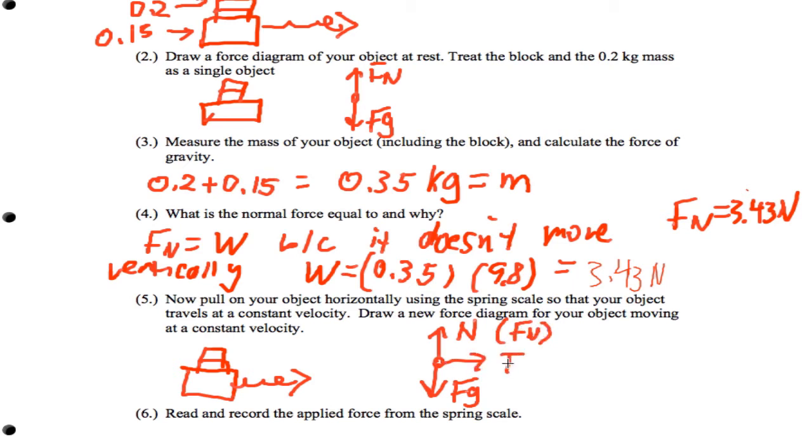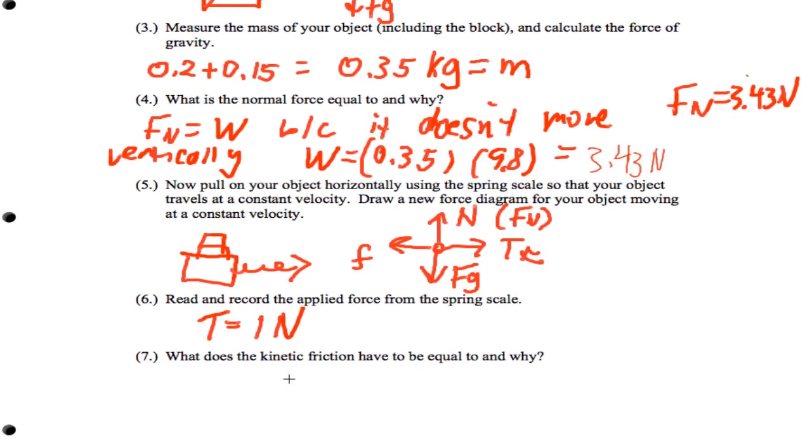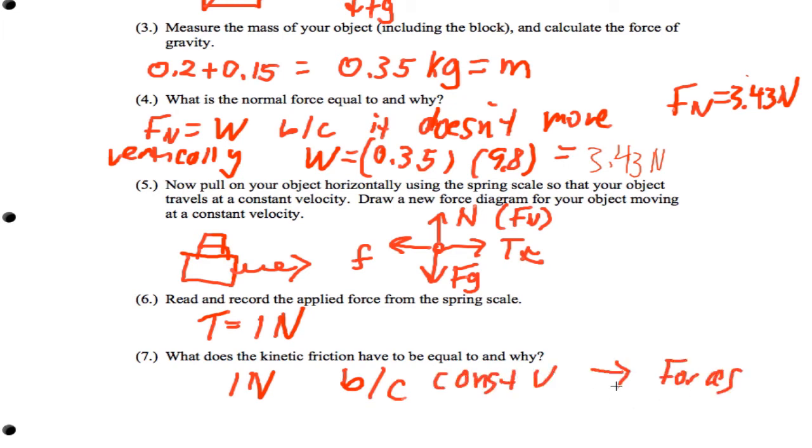I have the tension from the spring scale and the friction force opposing that. So when I read the tension off the scale, that's what balances my friction. So suppose I read a tension of 1 newton, that means my kinetic friction is equal to 1 newton because we're moving at constant velocity, and that implies that the force is balanced.